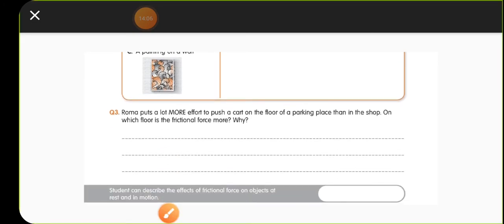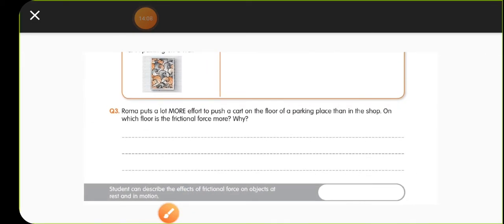So now see this third question. Roma puts a lot more effort to push a cart on the floor of a parking place than in a shop. On which floor is the frictional force more and why? Roma is a girl.